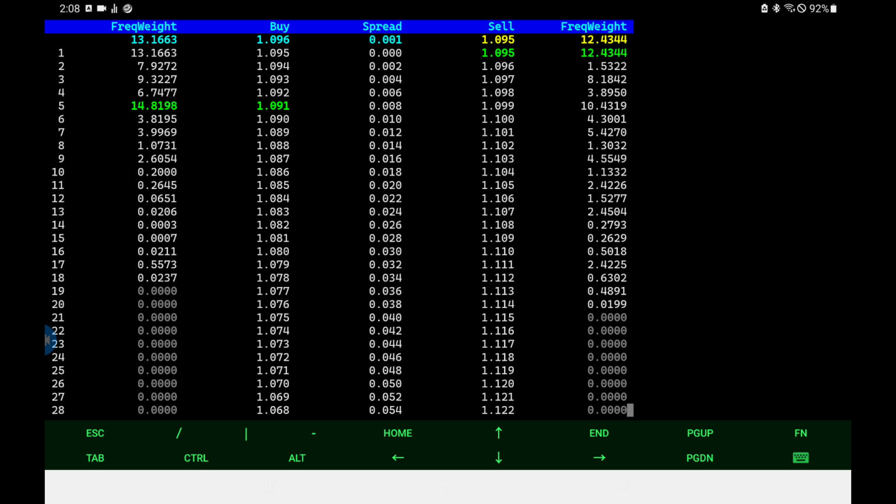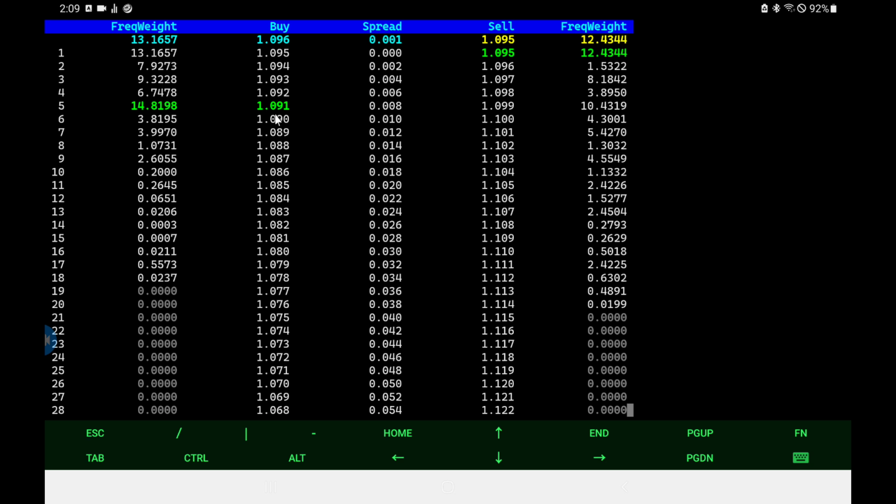So now, as we look at the volume multiplied by the count, we get the weight of the order book. And right now, the actual weight of the order book is at 1.091 for the buying price. This is where the price and the volume match up to show the highest level of activity.